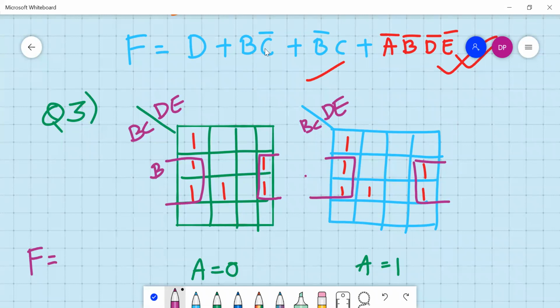This is B complement C, this is BC, so C is common, and this is D complement E complement and DE complement. Right? So what is common? C is common and E complement is common.